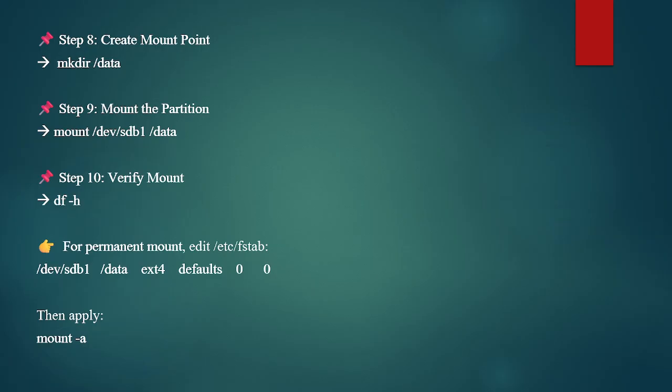After verifying that your file system is successfully mounted over the directory, for permanent mounting we go to the /etc/fstab file and add the hard disk entry inside it: /dev/hdb1 as the device name, then the mount point /data, then the file system type ext4 or xfs, then the mount option defaults, then dump value 0 and fsck 0.